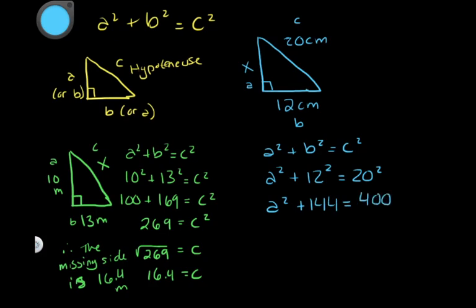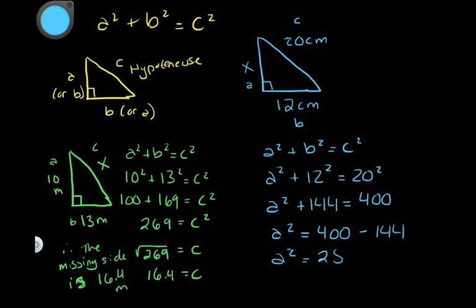So in order to solve for A, I need to isolate A. So this positive 144, I will move to the other side. So I will have A squared equals 400 minus 144. So 400 minus 144 is 256.